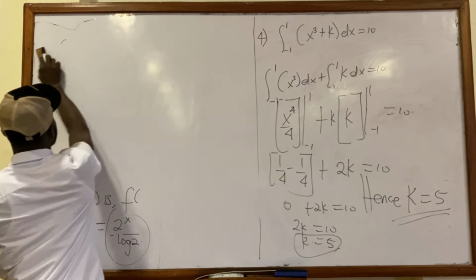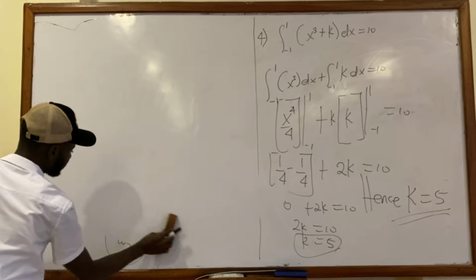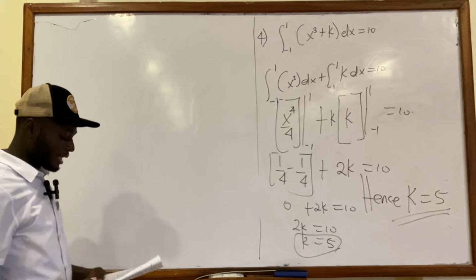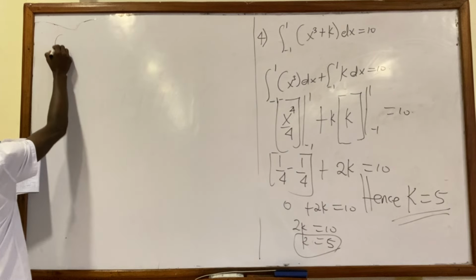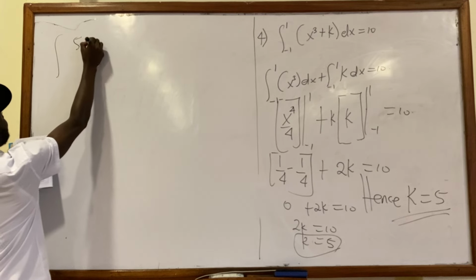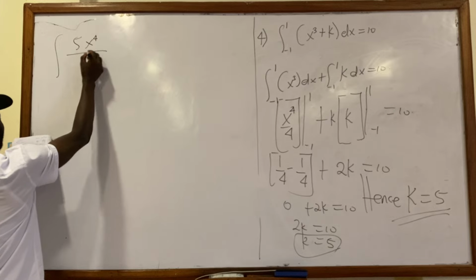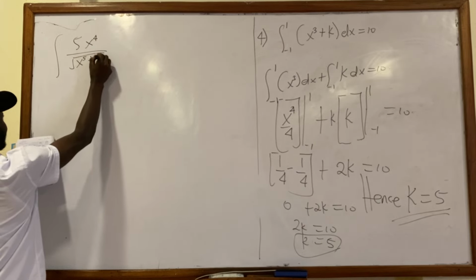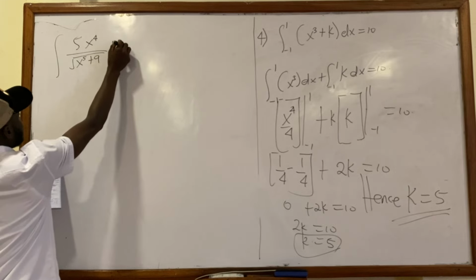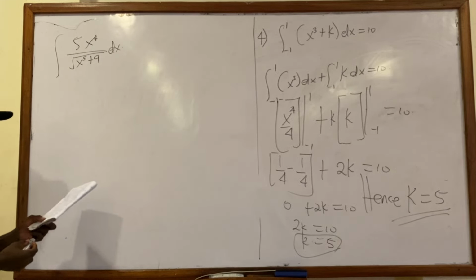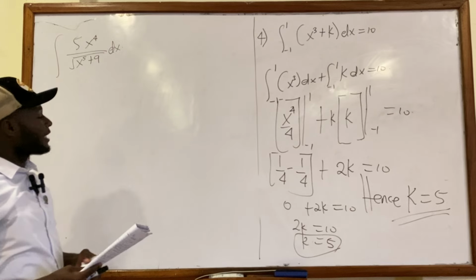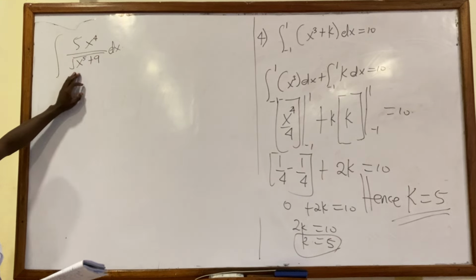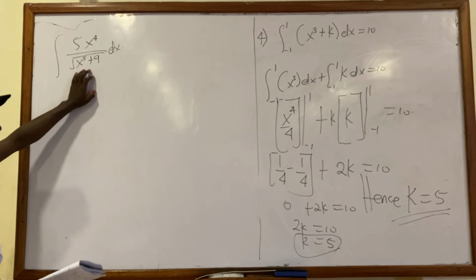Question number 5 goes like this: the integral of 5x^4 over the square root of x^5 plus 9, dx.